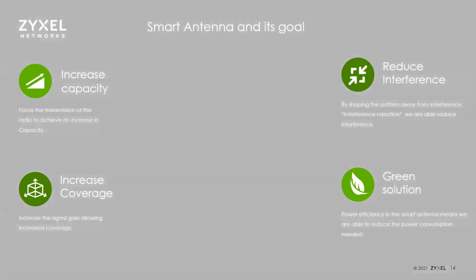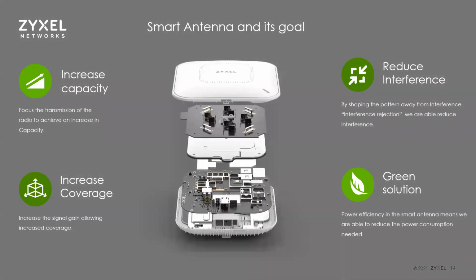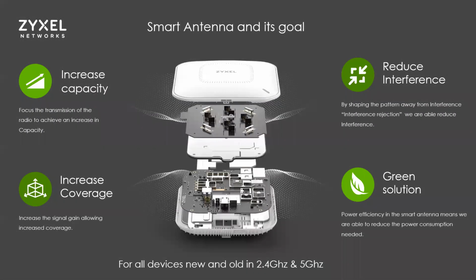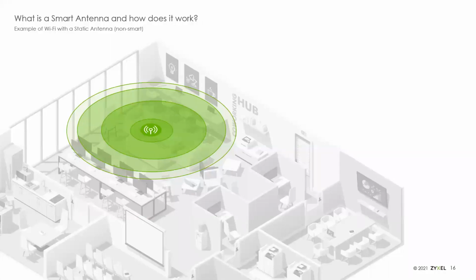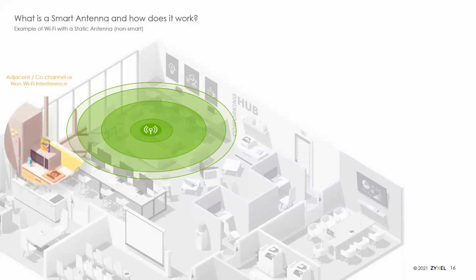So one of the big benefits of our smart antenna technology is the ability to solve these co-channel interference issues. So here's just sort of an example. Here's your traditional single antenna pattern AP. It's mounted to the ceiling, and then you introduce a source of noise. In this case, it's using that same frequency that you're using. In this case, it's a microwave.